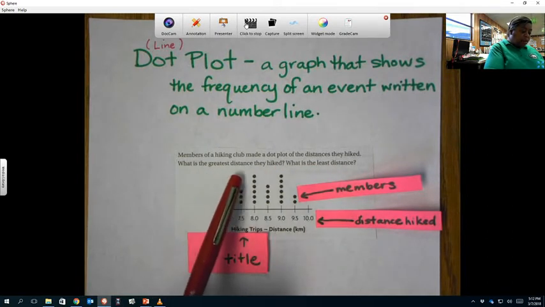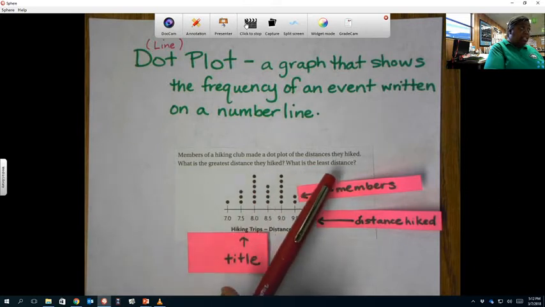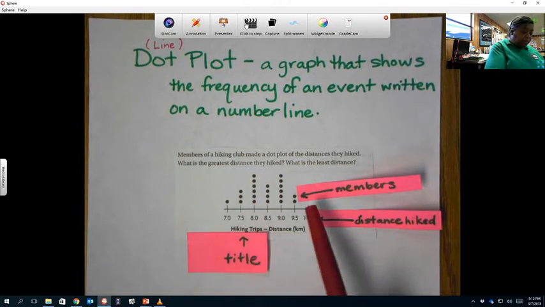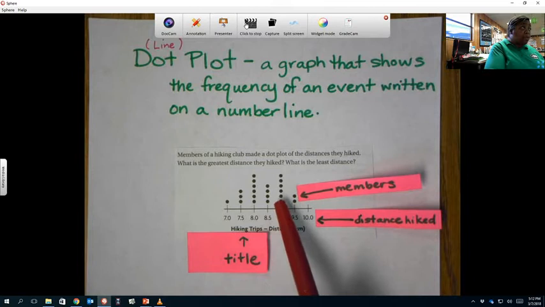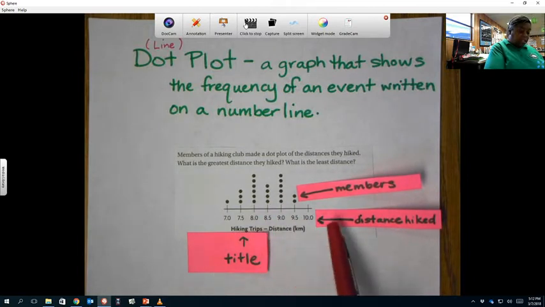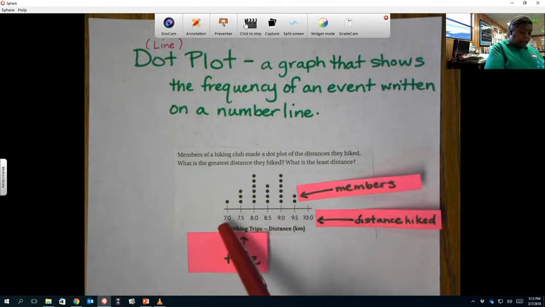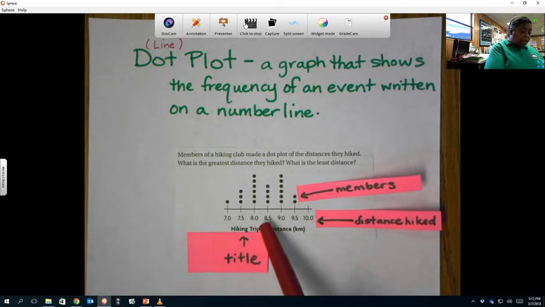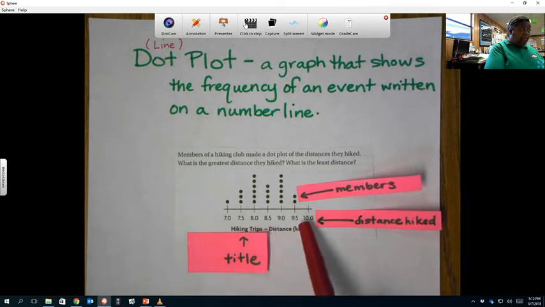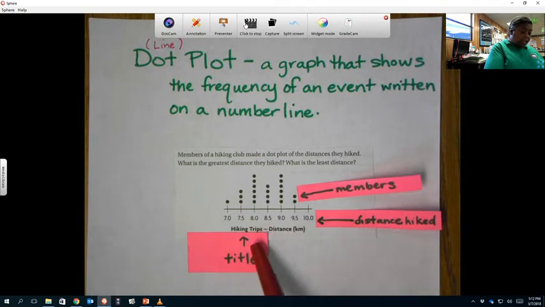What is the greatest distance they hiked? What is the least distance they hiked? Well, the dots all stand for members. So each one of these dots is one member who hiked a certain distance. And these are the distances on the bottom. You see that they're at an interval of 5/10: 7, 7.5, 8, 8.5, 9, 9.5, and 10. And there was a hiking trip.